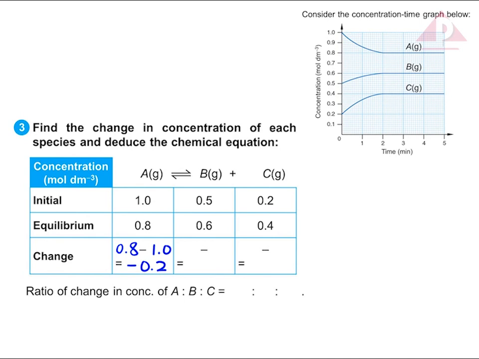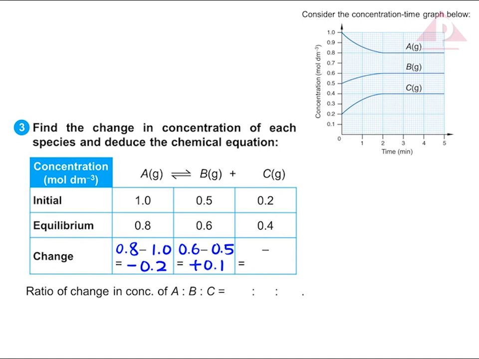For B, its initial concentration is 0.5 moles per dm cubed and its equilibrium concentration is 0.6 moles per dm cubed. Its concentration increases by 0.1 moles per dm cubed when equilibrium is reached.